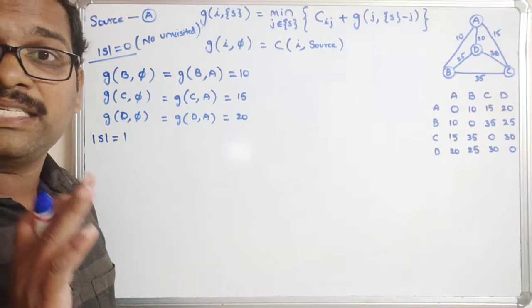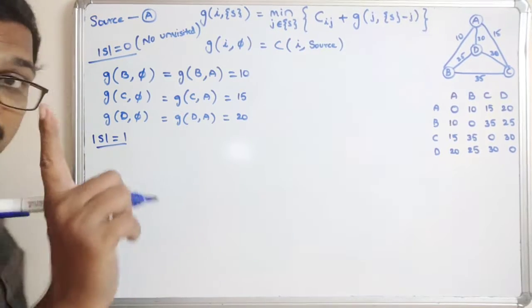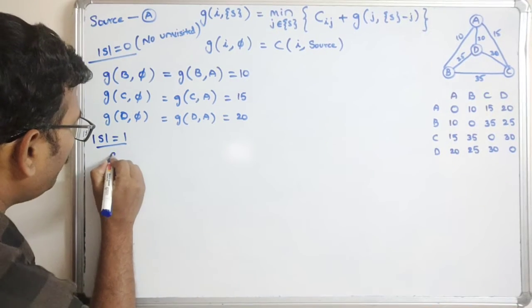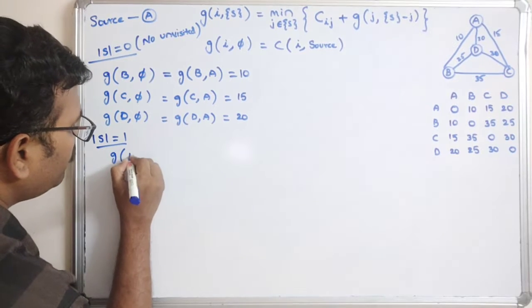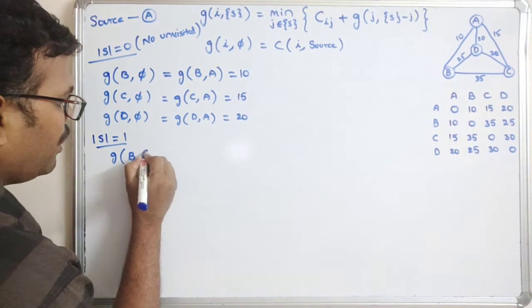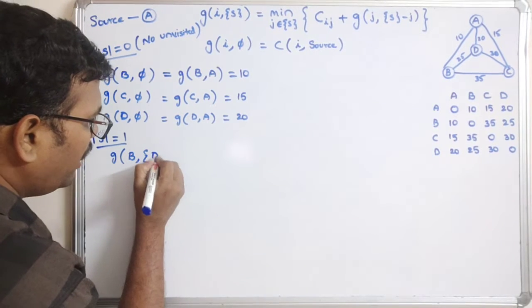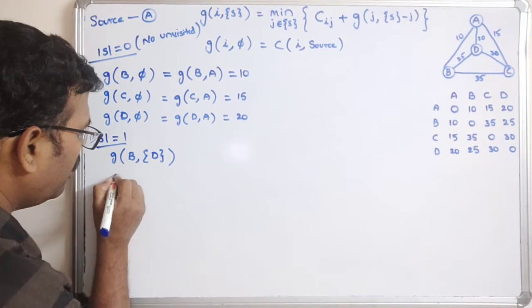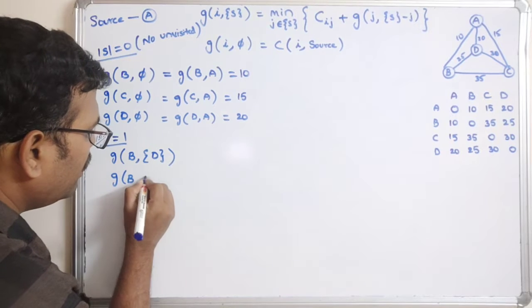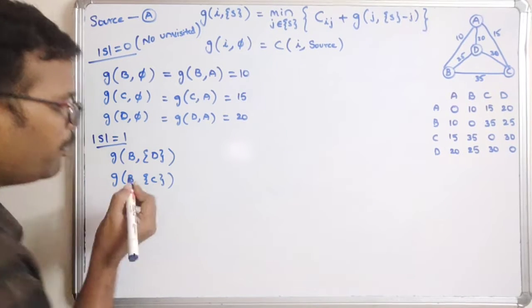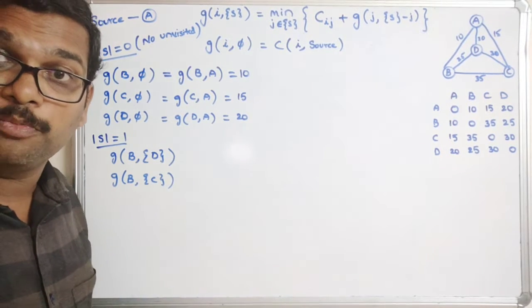If the set contains only one unvisited vertex, then possibilities G of B, and the unvisited vertex. From B, where it can go, either it can go to D or it can go to C. Only two possibilities.